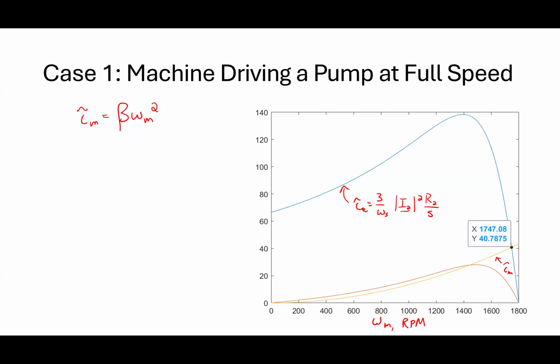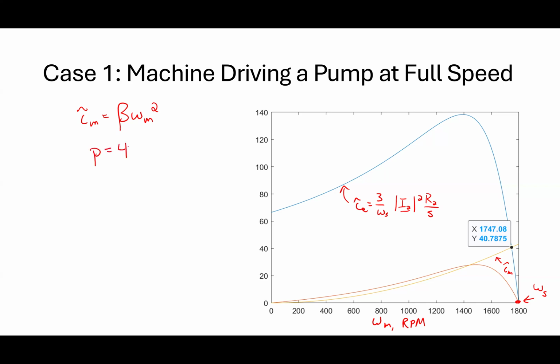Synchronous speed is always the fastest the machine can go, right? And how much torque do I provide at that point? 0, right? Because there's no currents being induced in the rotor. So basically this over here is my synchronous speed right there at that point. So how many poles is this guy? If his fastest speed is 1800 RPM, 4 pole, right? So this guy is P is equal to 4.